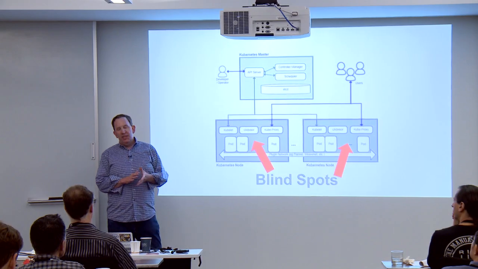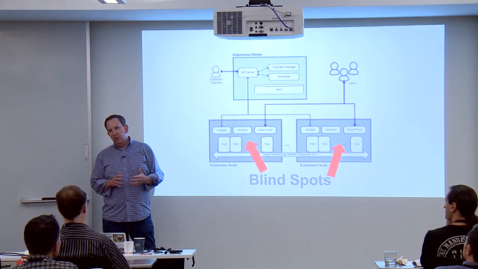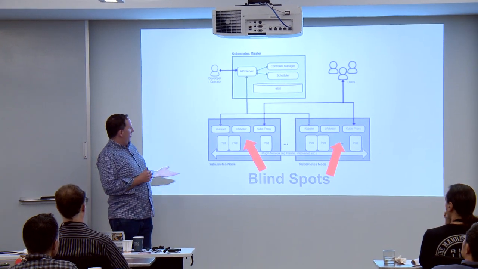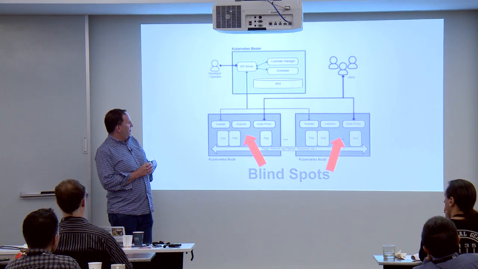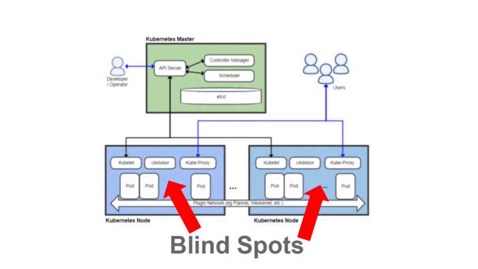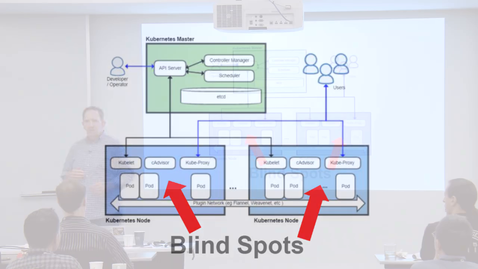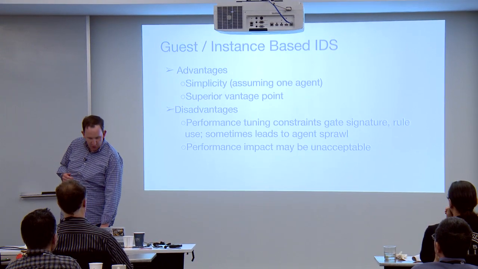If you're using a container as a service product, we don't have the ability to instrument the container hosts because we don't control them. So again, the only place this works is if you build and operate your own container infrastructure and you build automation to instrument everything with intrusion detection. But again, it's an enormous amount of work to do that. And so the question then is, should we do it?